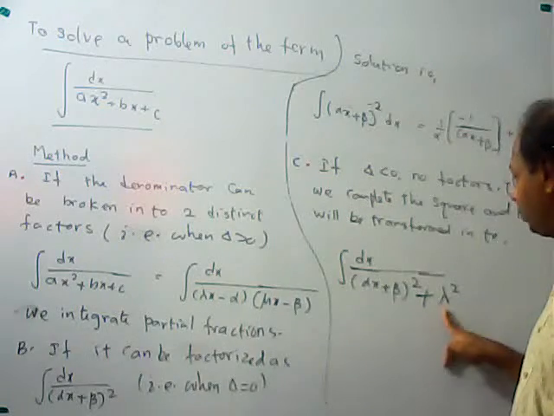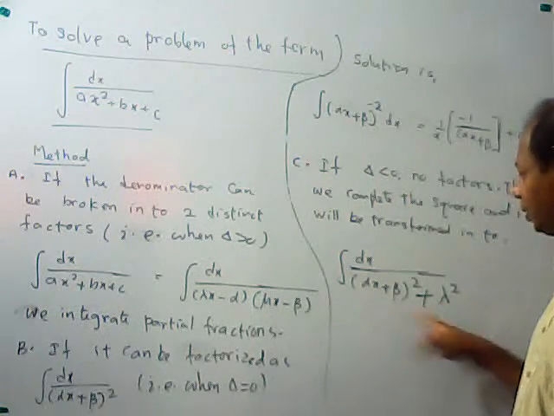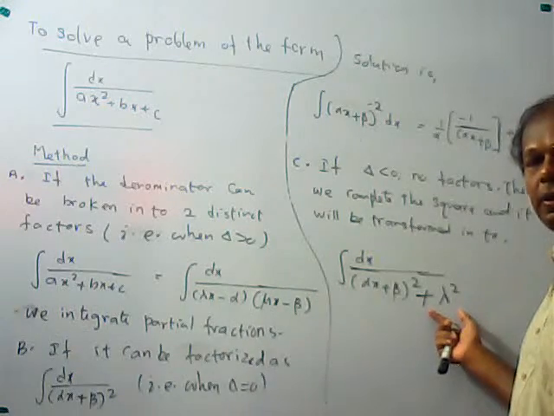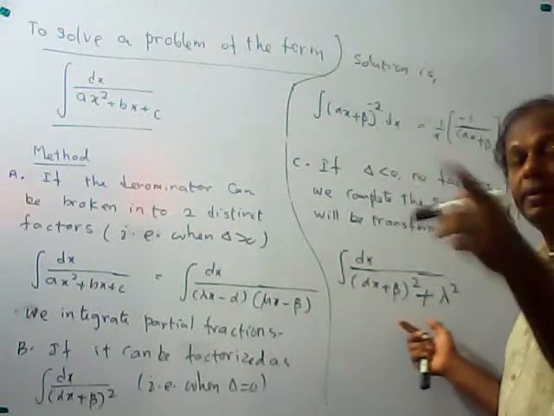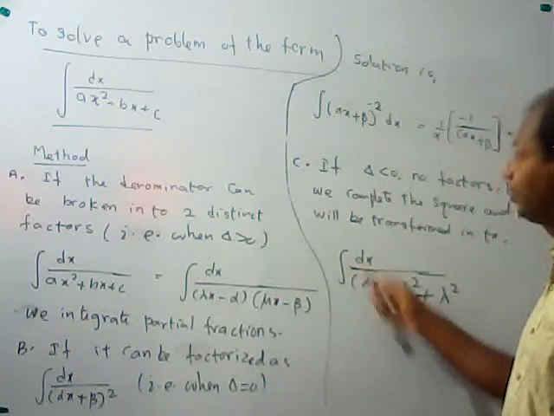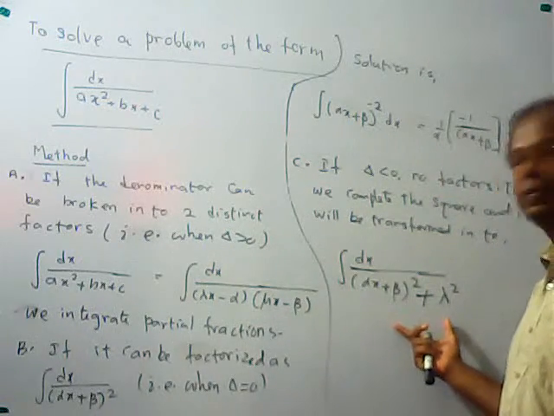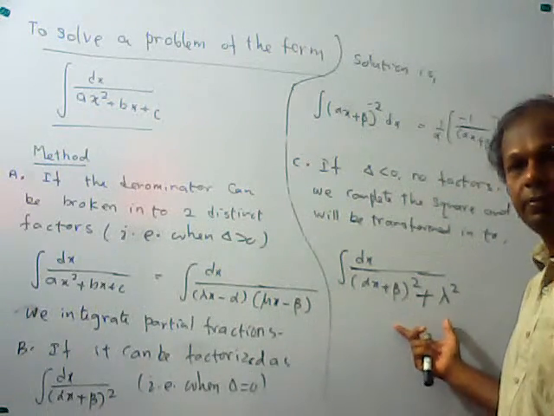If you get a positive constant here, alpha x plus beta squared plus some lambda squared, then last day we learned that if the problem converts into something like this, the solution is the tan inverse form.